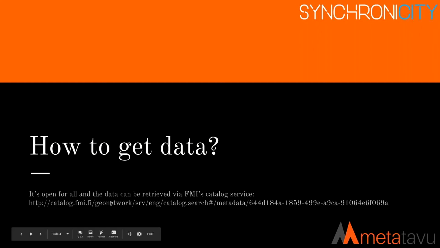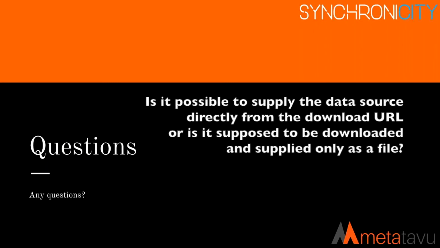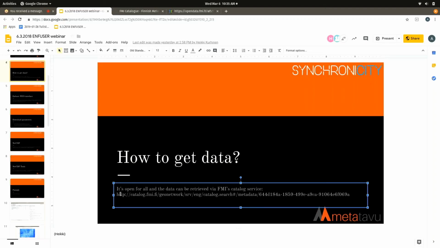So from the presentation, we have the link. Well, the library itself supports it, but the Enfuser can be quite slow at some times, so it will take some time to download. So we thought it would be easier to download the file as a complete file and then read it afterwards as a separate process.